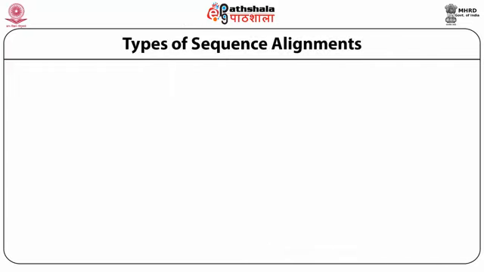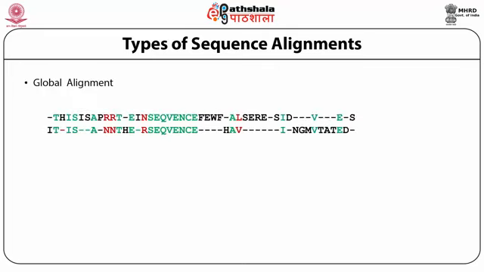There are two types of sequence alignments. When two sequences are forced to align along their complete lengths, that is full length, then this alignment is called global alignment.